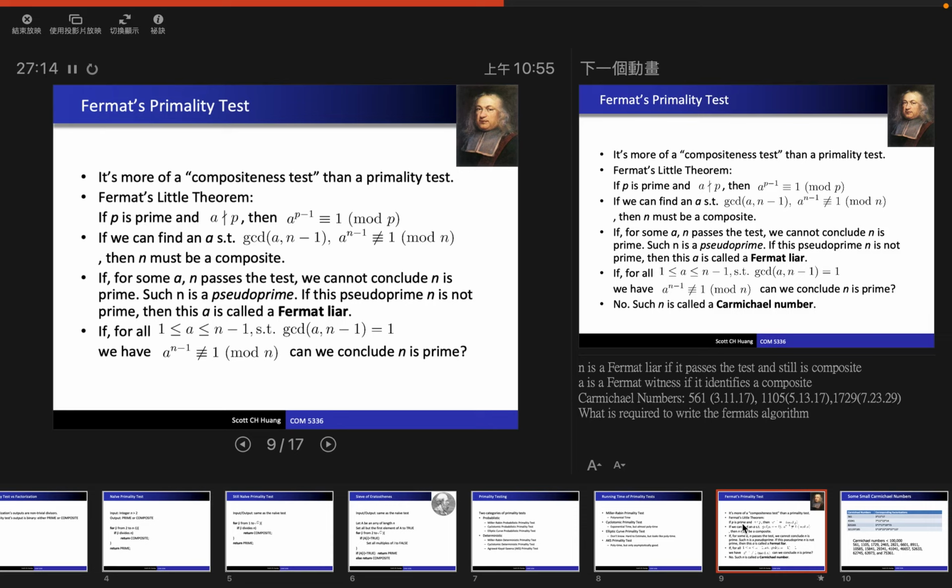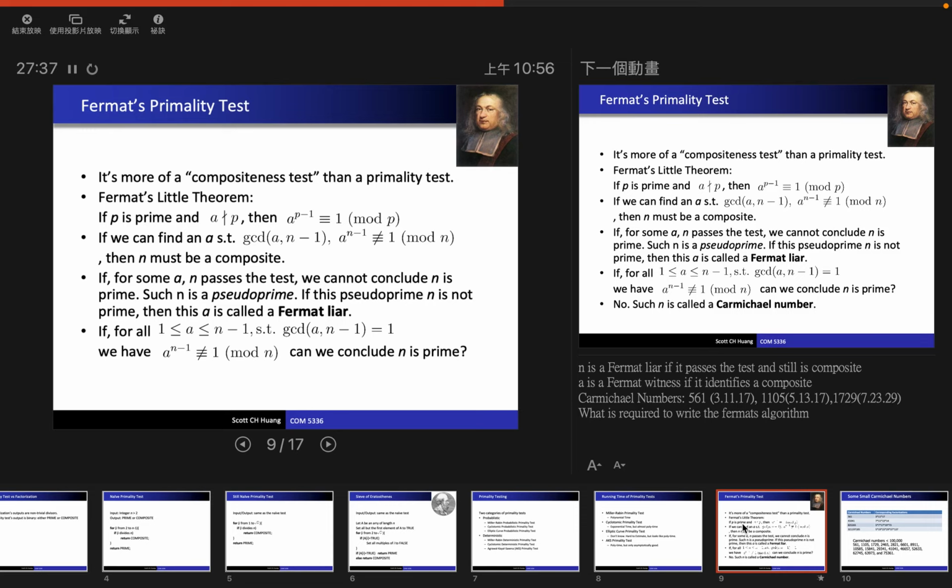So it's actually pretty good. In some cases a number can pass the test, but the number of elements that violate Fermat's little theorem is generally not too bad.